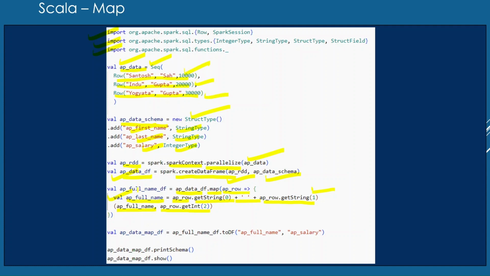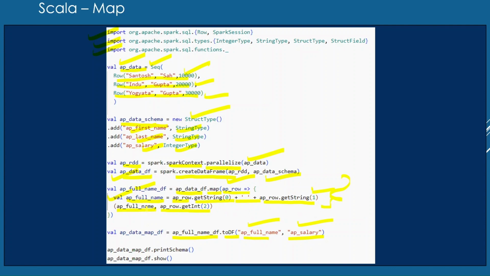Once this is done, with the help of toDF, again I am creating a data frame, and I am also supplying the column names. Not the values, actually the column names: AP full name and AP salary, because here I have changed the schema.